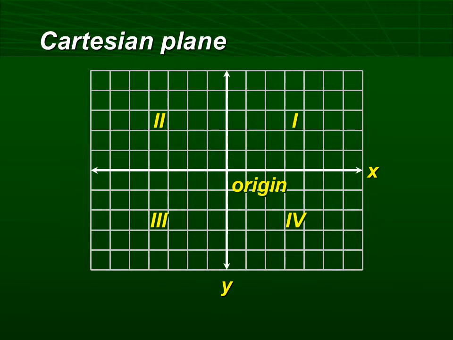So let's review the Cartesian plane. It's also known as the coordinate plane. You have your origin in the middle, and then you have your quadrants. So quadrant 1 is going to start in the upper right-hand corner, and then it goes counterclockwise. So you have quadrant 1, 2, 3, and 4 in Roman numerals.